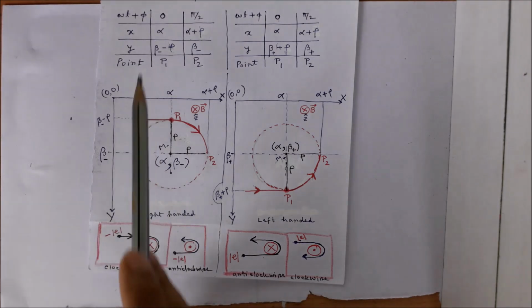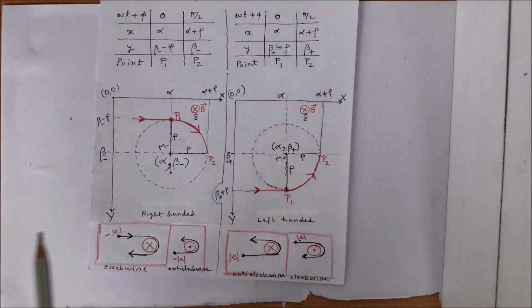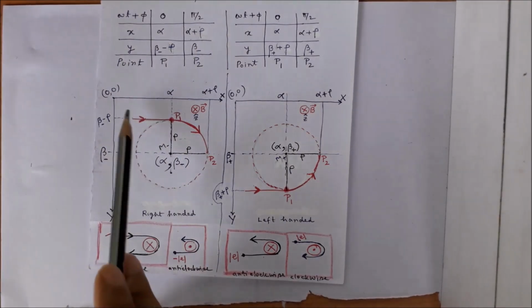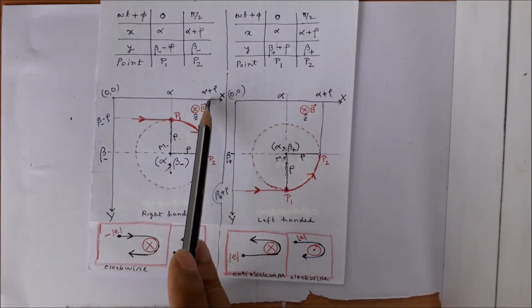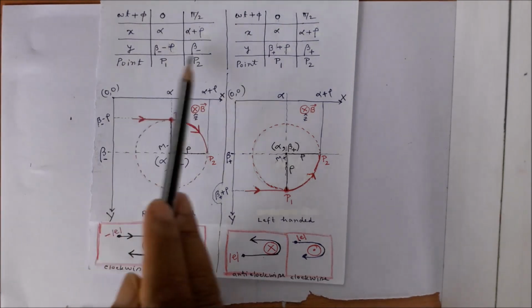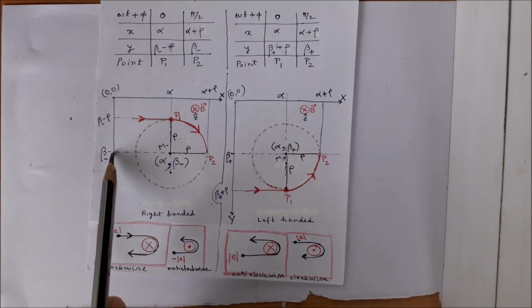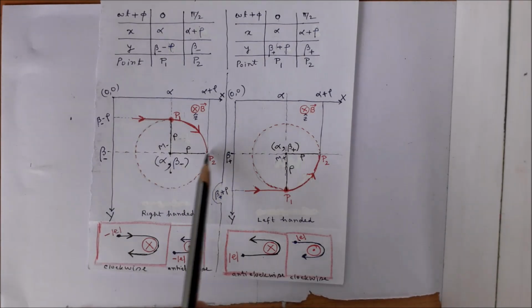Now at omega t plus phi equal to pi by 2, the coordinates change and x becomes alpha plus rho, which means the particle is here, and y becomes beta minus, so the particle is here. This is the location of the particle at omega t plus phi equal to pi by 2.